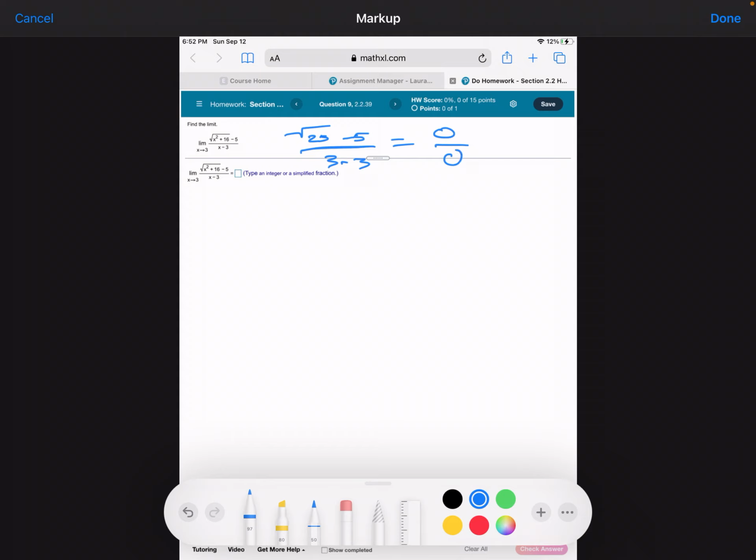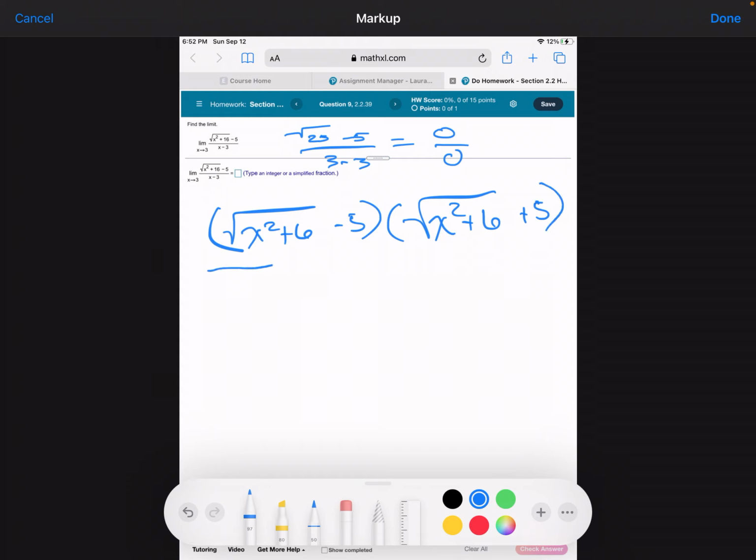So then we think to ourselves, oh, let's try to factor. Well, this isn't a factoring guy, but it does have a square root in it. So what we're going to do is multiply the top and bottom by the conjugate of, in this case, the numerator again, because that's where the square root is. And again, don't do anything with the denominator.